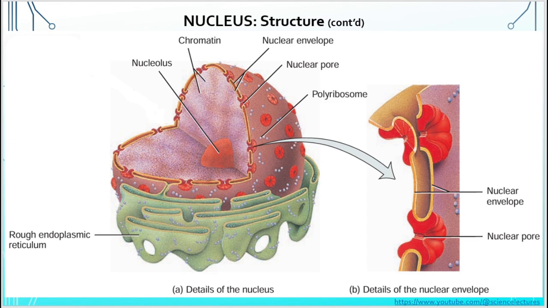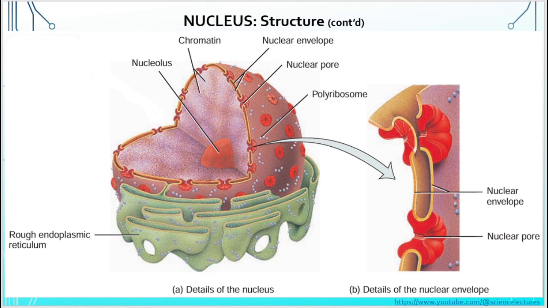Nuclear pores control the movement of substances between the nucleus and the cytoplasm. Small molecules and ions move through the pores passively by diffusion. Most large molecules, such as RNAs and proteins, cannot pass through the nuclear pores by diffusion.